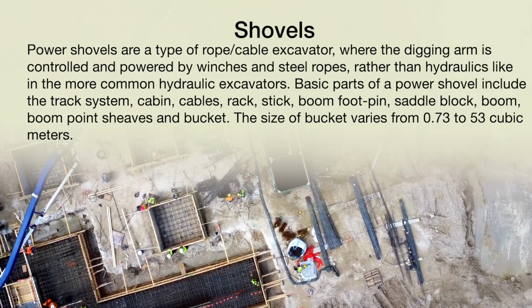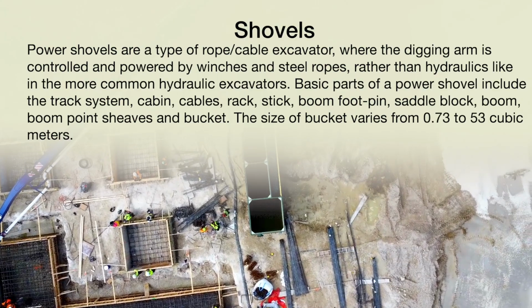Basic parts of a power shovel include the track system, cabin, cables, rack, stick, boom, foot pin, saddle block, boom point, sheaves and bucket. The size of bucket varies from 0.73 to 53 cubic meters.